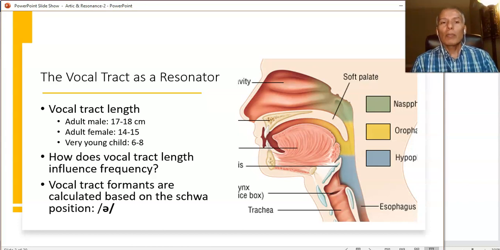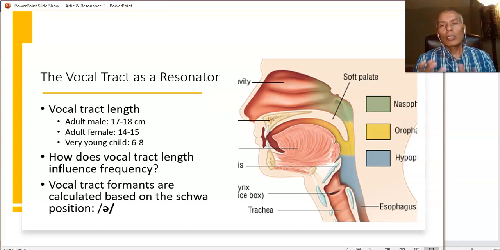The adult male has the longest vocal tract, from right above the vocal folds all the way to the lips or to the nose. That is 17 to 18 centimeters. Adult females have 14 to 15. If you lump male and female on average, you could say between 16 and 17 as an adult human being.